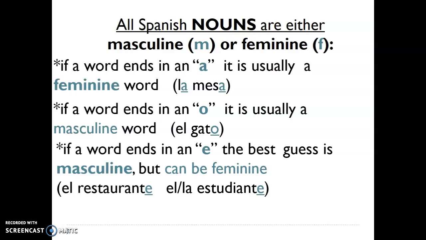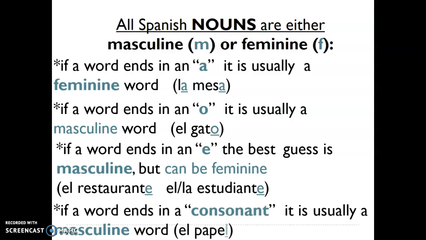El restaurante is masculine, but because the word estudiante is a noun for a person, it's el estudiante if it's a boy student, and it's la estudiante if it's a female student. And if a word ends in a consonant, it's usually masculine, el papel.